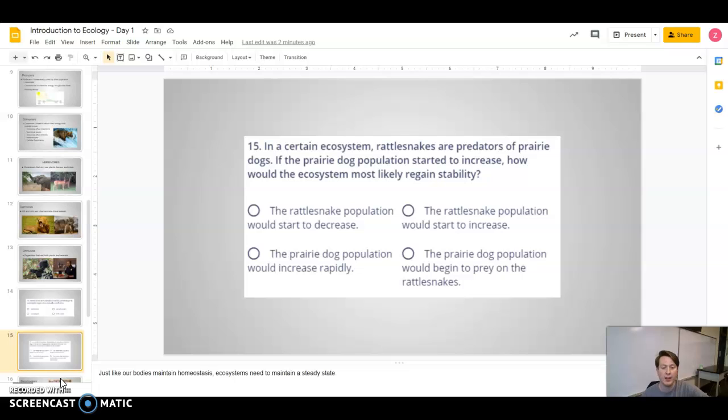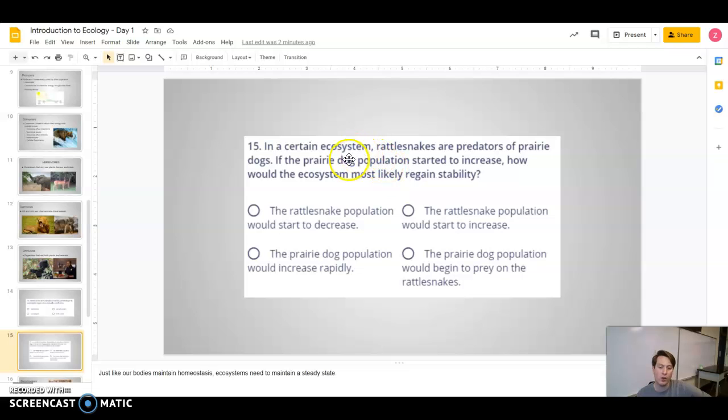So choice 1, the rattlesnake population would start to decrease. Choice 2, the rattlesnake population would start to increase. Choice 3, the prairie dog population would increase rapidly. Or choice 4, D, the prairie dog population would begin to prey on the rattlesnakes.